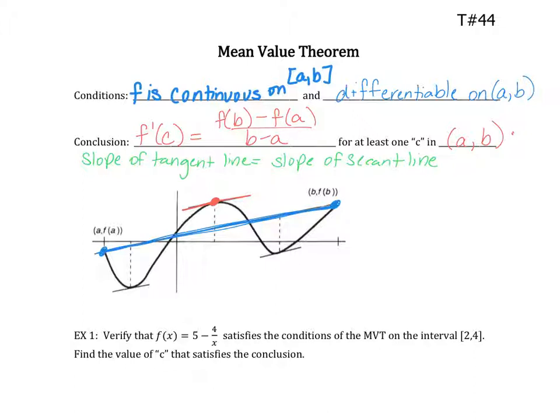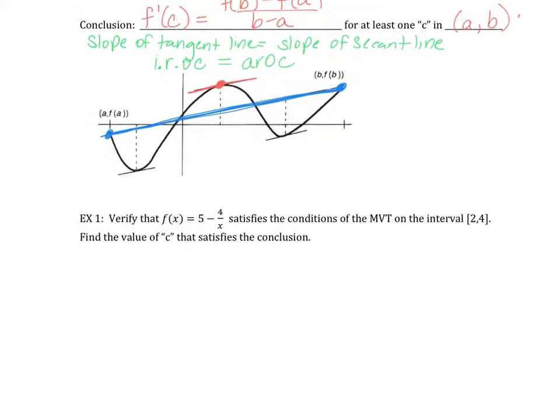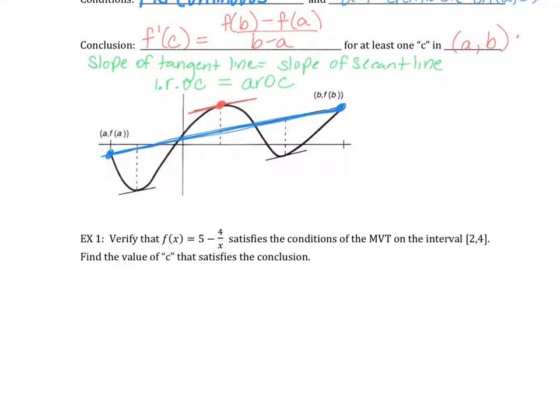Or I could say it another way in things that we've talked about. At some point, the instantaneous rate of change is equal to the average rate of change. So let's work a problem and we will see how we use that formula.